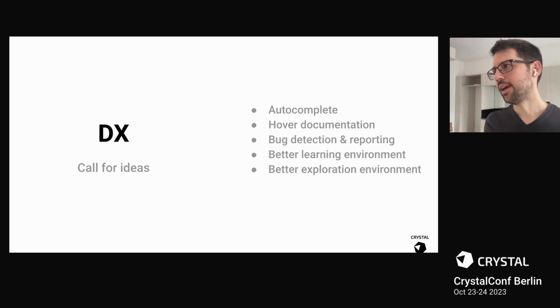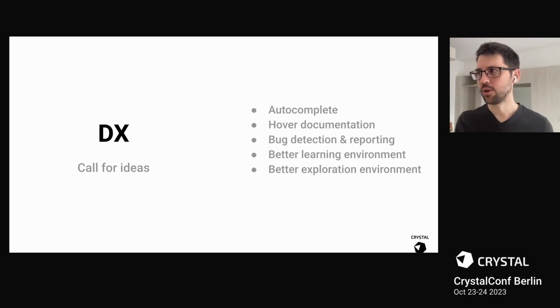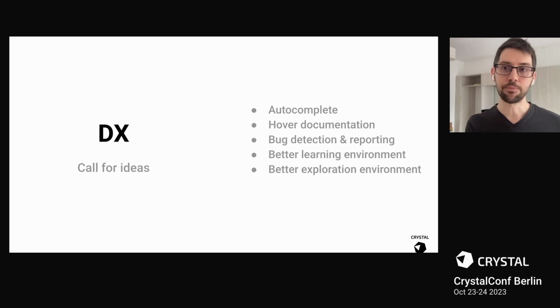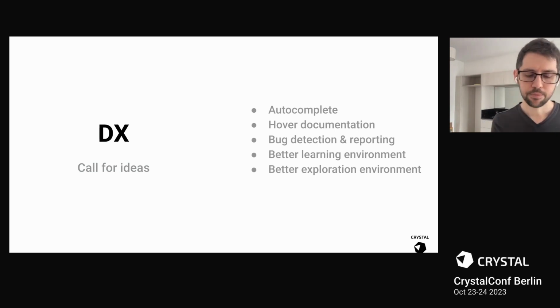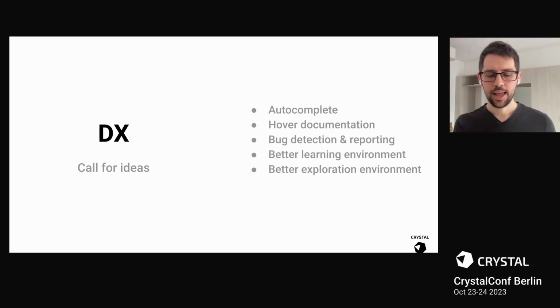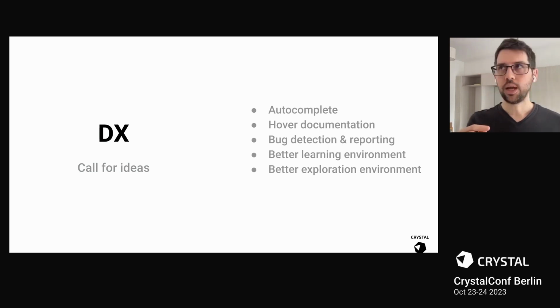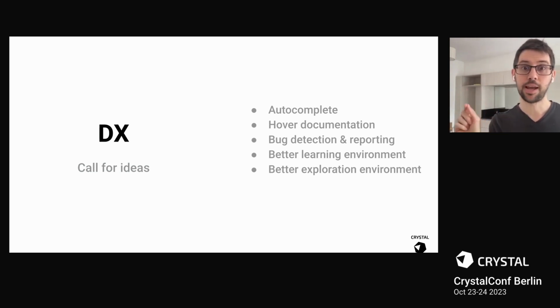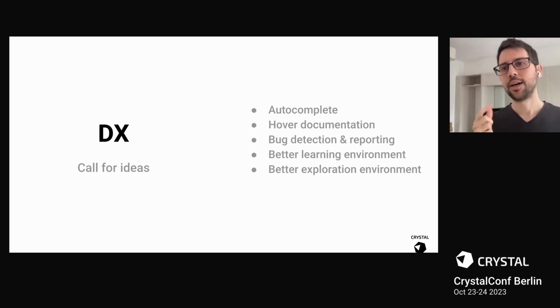But something it's not clear to me how to do is bug detection and reporting. The current playground, the Crystal Playground, for it to work, when you feed it code, it is instrumented to have these values displayed on the side, right? That instrumentation can fail, but there is a mechanism for detecting if the instrumentation failed. And if so, the user is prompted with, hey, you found a bug, please send us this code.